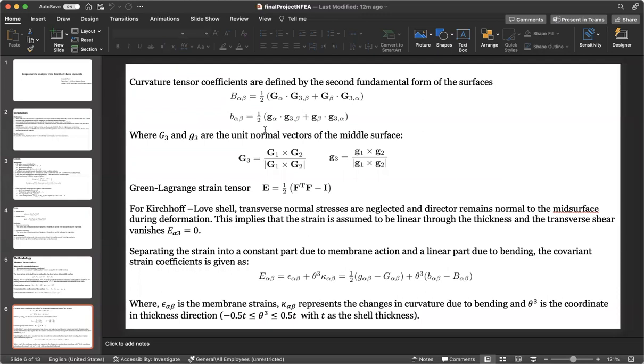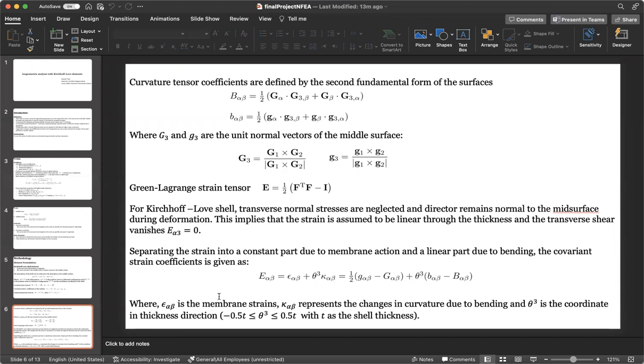These are some of the mathematical definitions that we need for evaluating strains, and we use the Green-Lagrange strain tensor. Using Kirchhoff-Love elements, the Green-Lagrange strain is evaluated as having two parts: one is due to membrane action, and the other is a linear part which is due to bending.